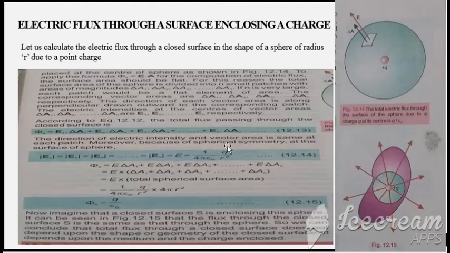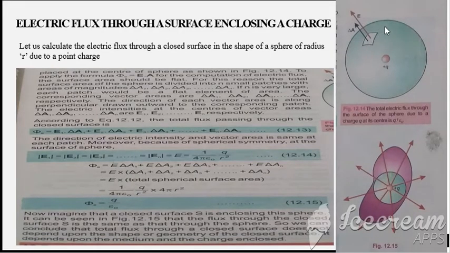So the magnitude E is equal to 1 over 4 pi epsilon naught Q over R square. In terms of magnitude, we are representing it here. Phi E is equal to E delta A1 plus E delta A2 plus E delta A3 to calculate the total flux through it, as the electric field intensity through each patch is the same. So all of these quantities are equal.